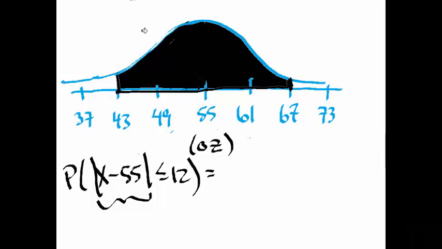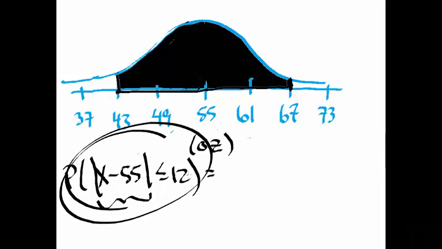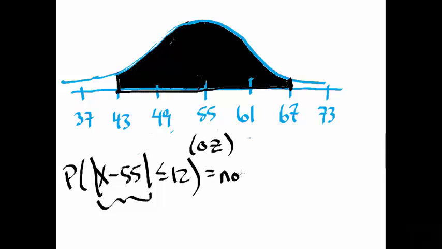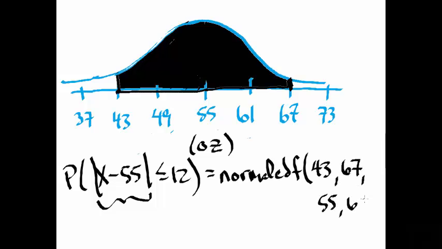Your calculator won't really understand this kind of stuff. You're going to have to enter it into your calculator like this. Normal CDF. I already know the answer. Isn't it like 95.45%? Because of the empirical rule. 43 up to 67, and then the mean is 55 and the standard deviation is 6 all day long, at least in this example.